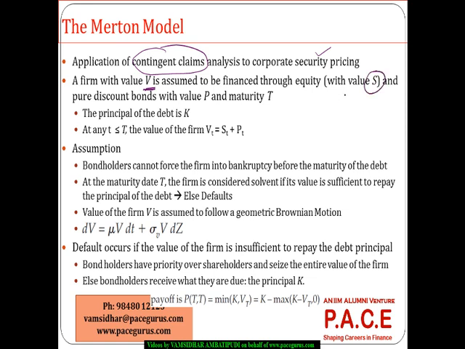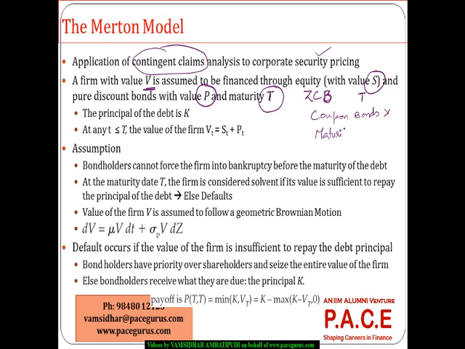One is equity, which is having a value of S, and the other source of financing is pure discount bonds, which means single maturity, maturity T, so zero coupon bonds. A zero coupon bond with a maturity T having a current value of P.